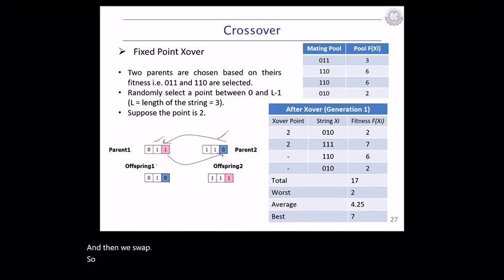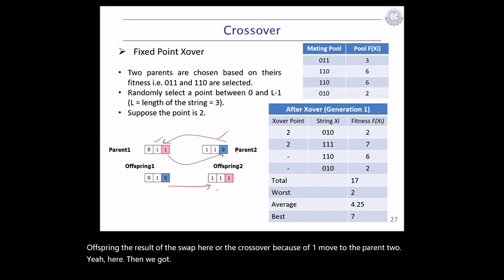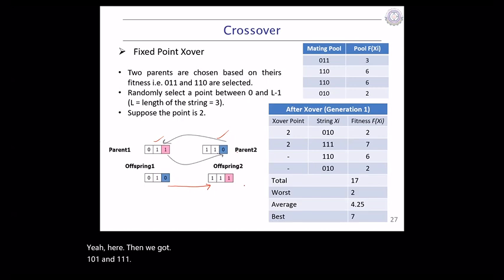The offspring, the result of the crossover, because the part moves to parent 2, gives the new strings based on the crossover of the 2 selected parents, 0, 1, 1 and 1, 1, 0.